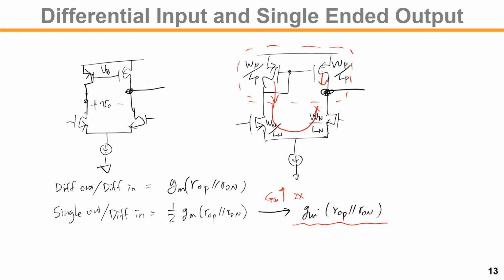So by having the current mirror load, we boost the voltage gain by 2x, right? Okay.